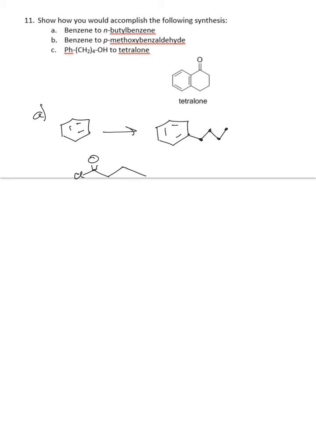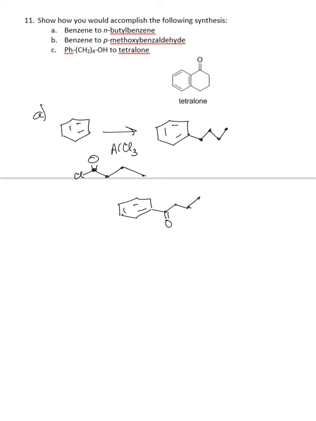So we're going to just make an acid chloride and make sure we have 4 carbons, 1, 2, 3, 4. So you have the acid chloride, and you also need aluminum trichloride to do the Friedel-Crafts acylation reaction. Now, that product is going to be a carbonyl, 1, 2, 3, 4.